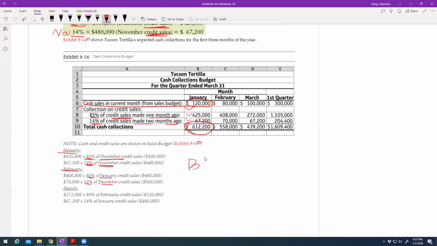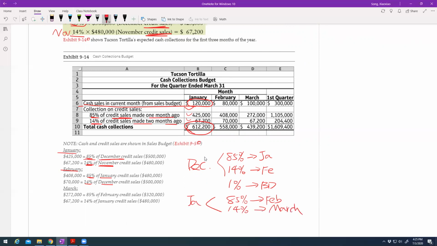So your December, 85% will be collected in January, 14% will be collected in February, and 1% will be our bad debt, right? So for our January, 85% will be collected in February, 14% will be collected in March, and then 1% will never be collected as bad debt expense.